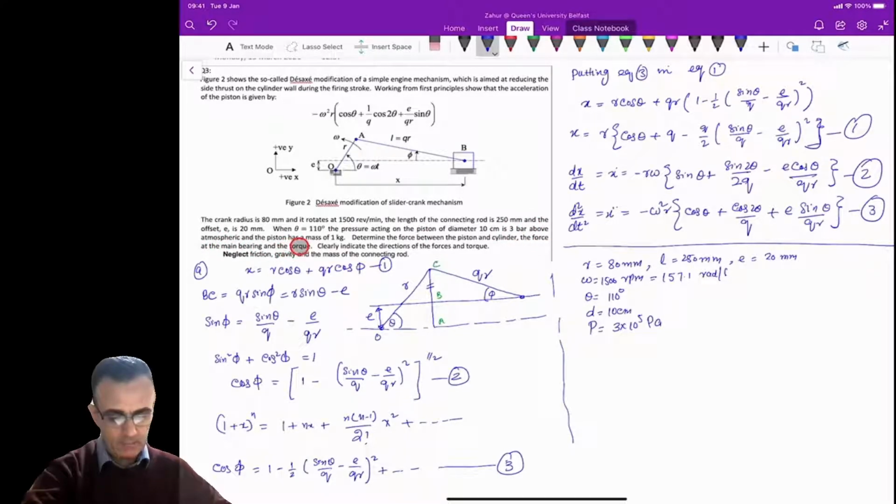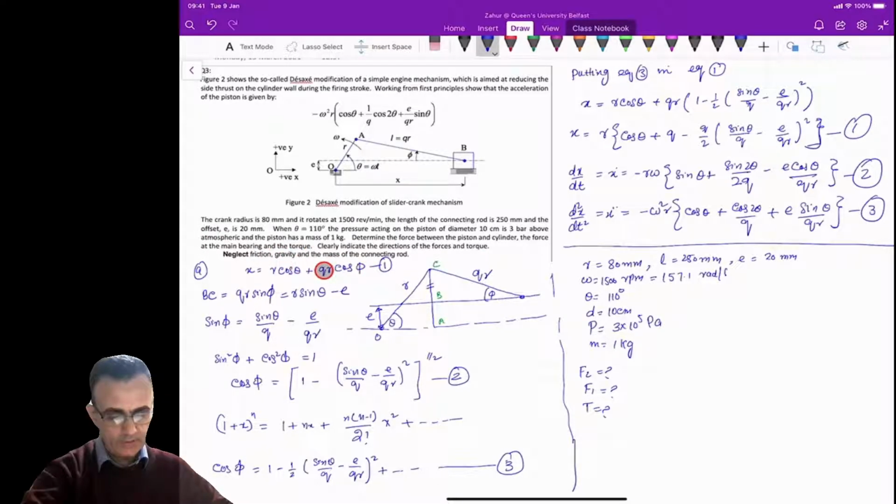And the piston has a mass of 1 kg. Determine the forces between the piston and cylinder, so you need to calculate F2 here. And the forces at the main bearing, which is F1, is also unknown, and the torque is also unknown.